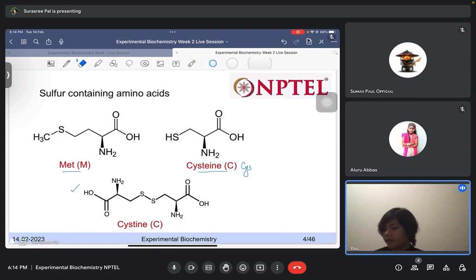This kind of structure is very commonly observed in proteins, and the importance of this disulfide linkage is that it creates various shapes and conformations in proteins. So it is important for that reason.